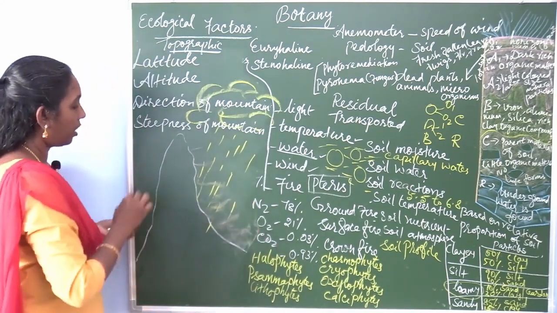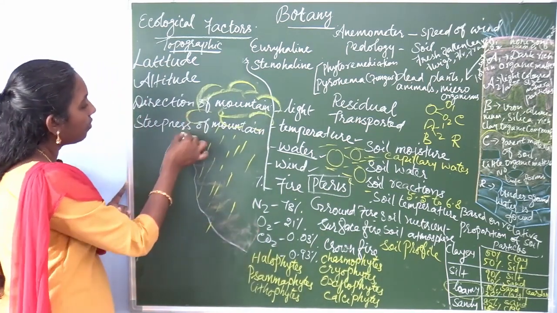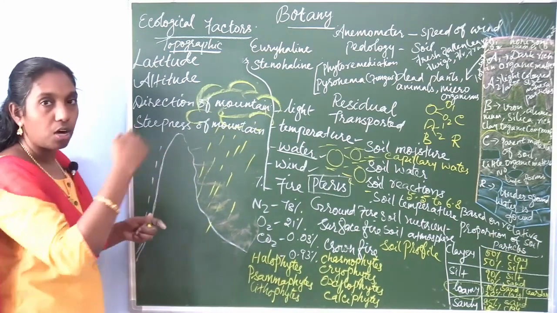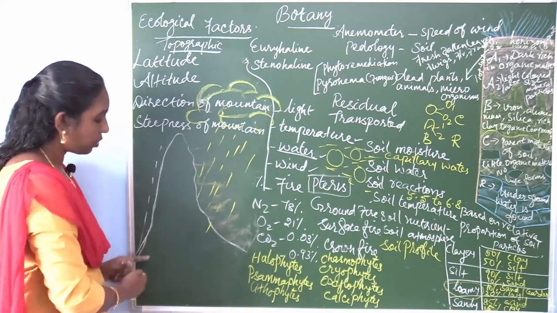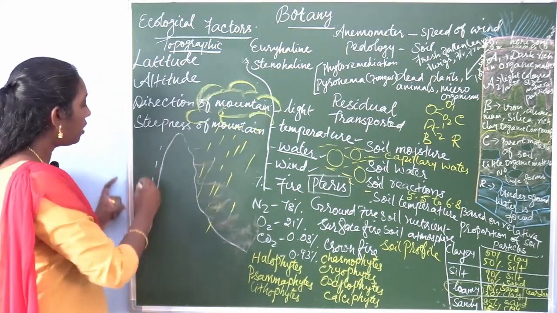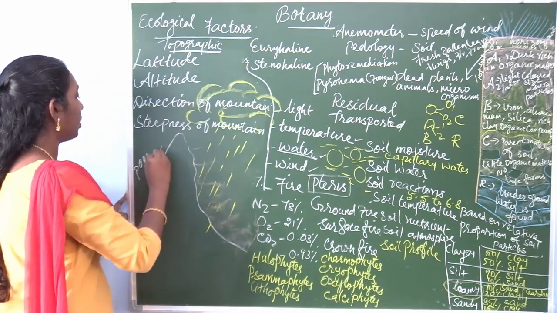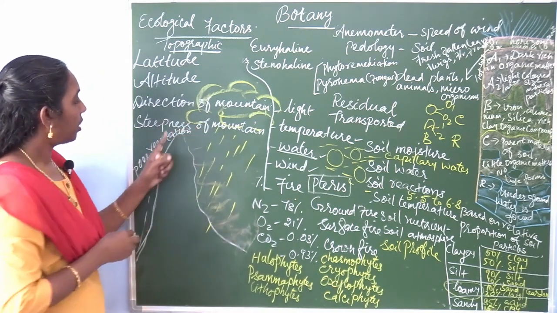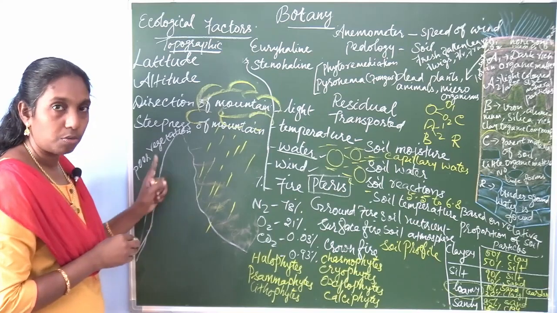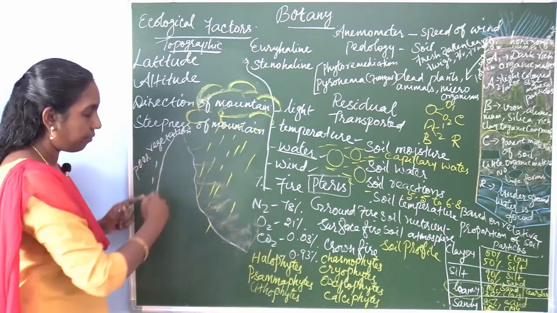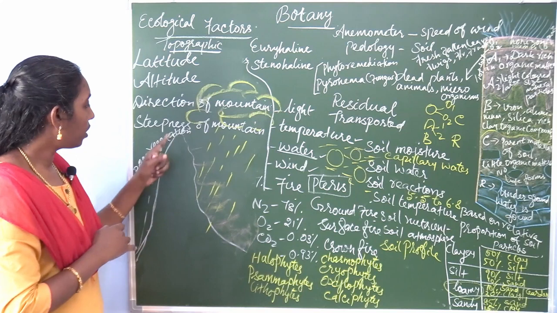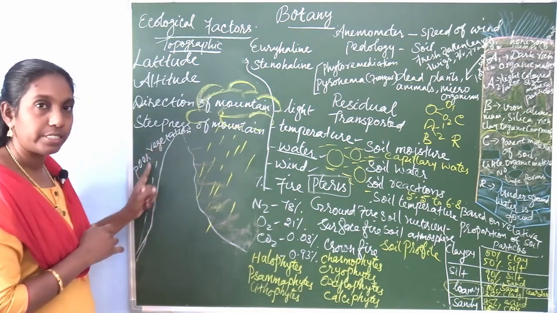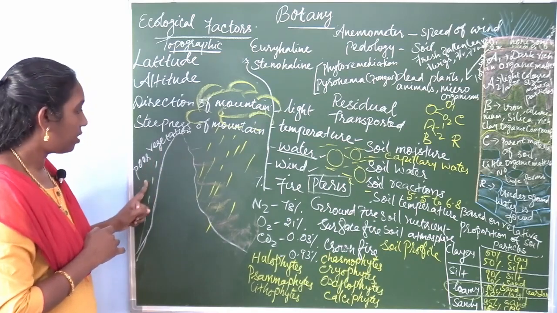On the steep side, when the rain falls, the water runs down and causes erosion of soil, so the vegetation is very poor in this range.